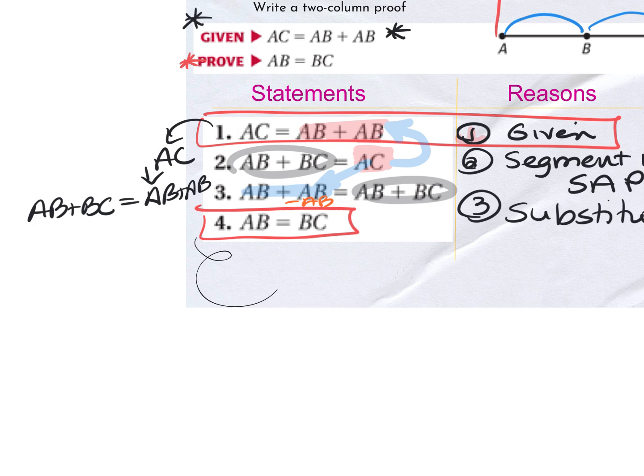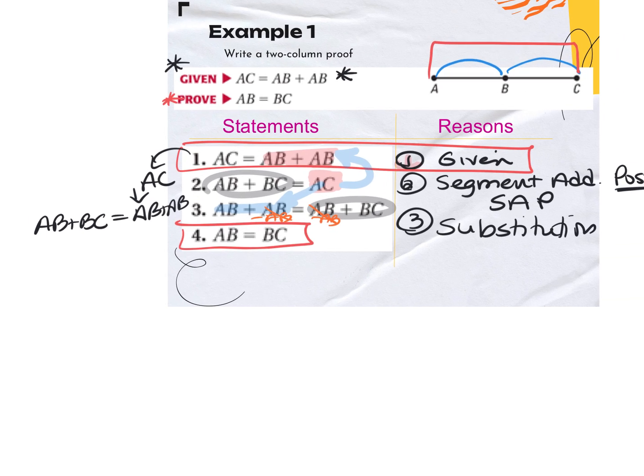So they minused AB from here and from here. And then that's how they ended up with AB equaling BC. And then this last reason would have been the subtraction property of equality. And again, POE.